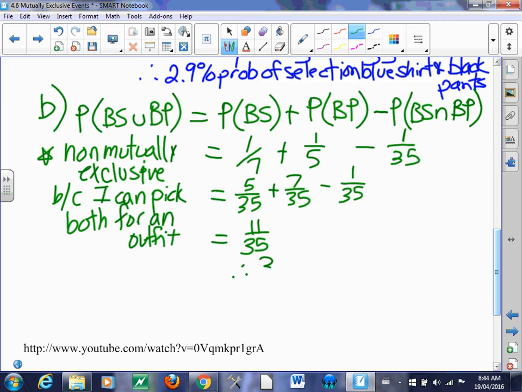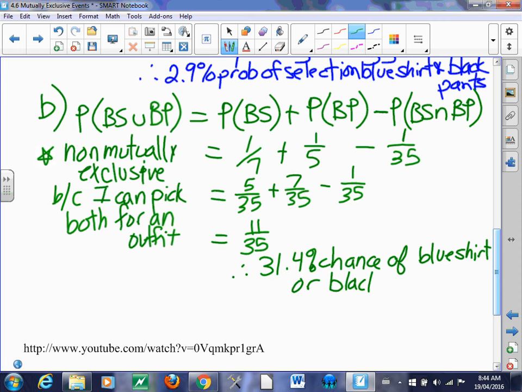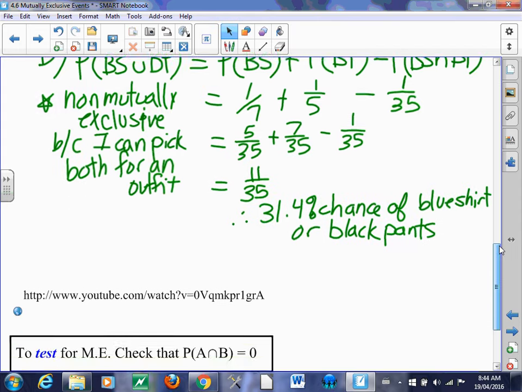So therefore, there's a 31.4% chance of a blue shirt or black pants. Okay, and just remember, folks, that they overlap because you could have both of them as an option. So that's why they're non-mutually exclusive.